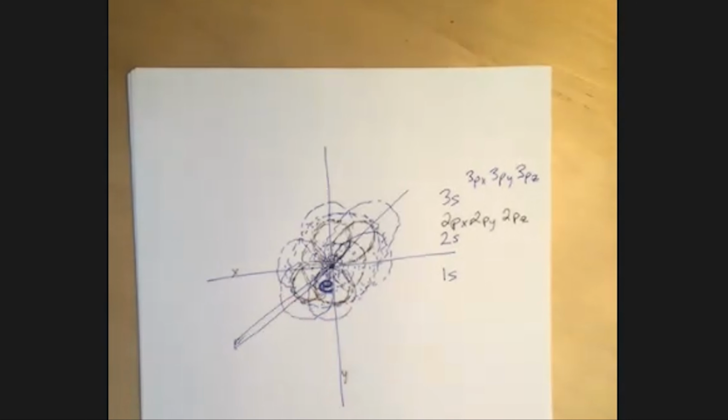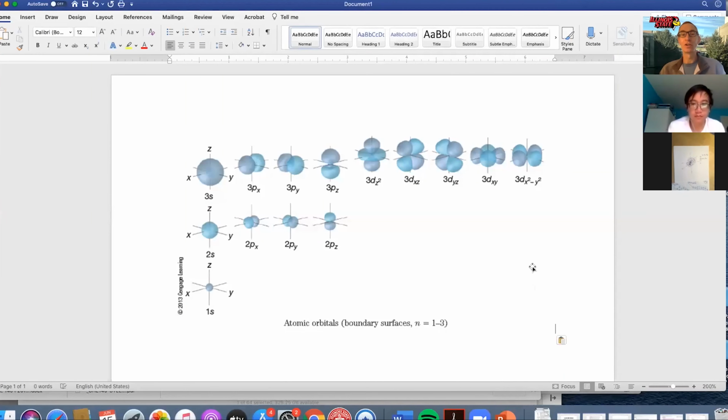So if I share the screen again, let me show you one more time. In this view, the orbitals are all nicely separated, but we know that in any particular atom, all of the centers of each one of these three coordinate axes are all superimposed on one another, just like I have in my diagram.